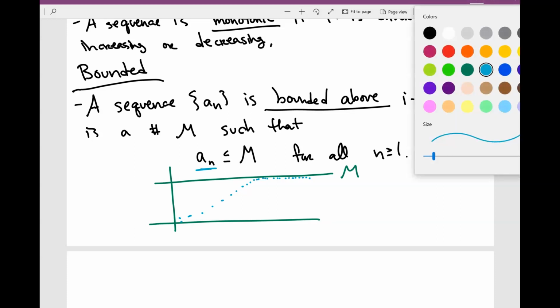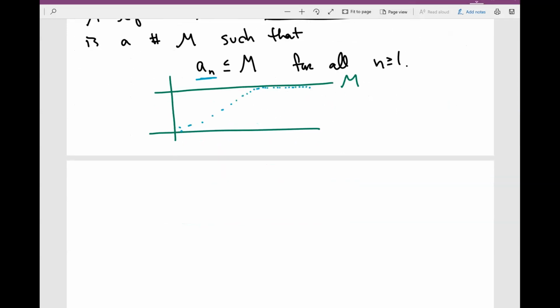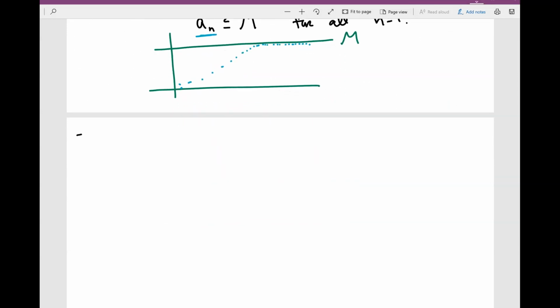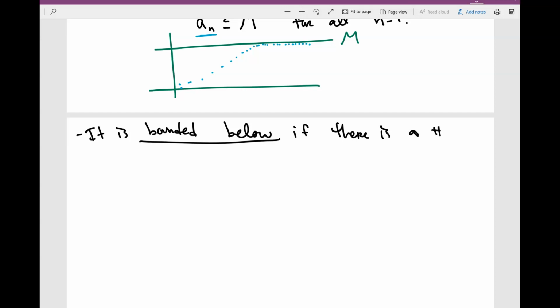Okay, now just how you have something bounded above, you also have it bounded below. So it is bounded below, okay, if there is a number little m such that little m is less than or equal to a sub n for all values of n greater than or equal to 1.